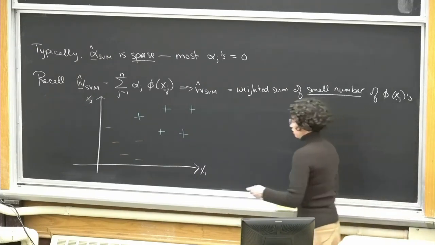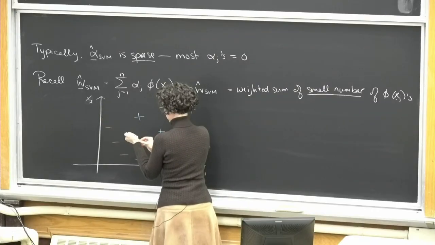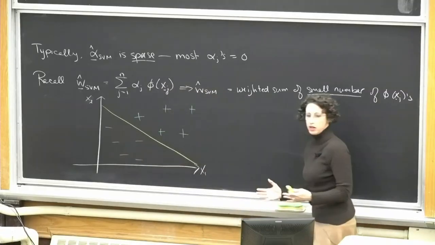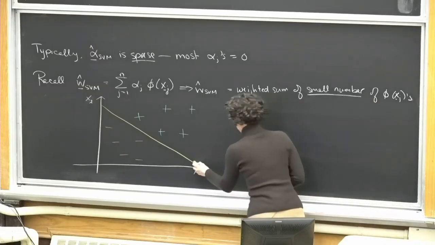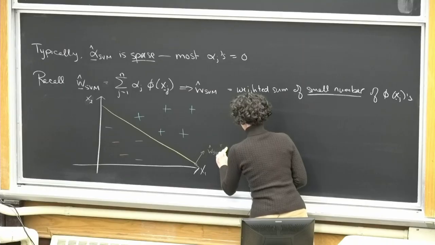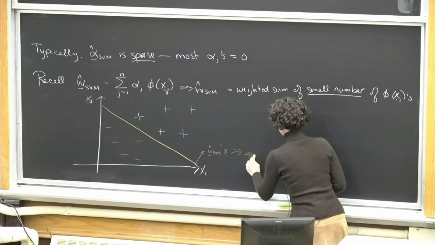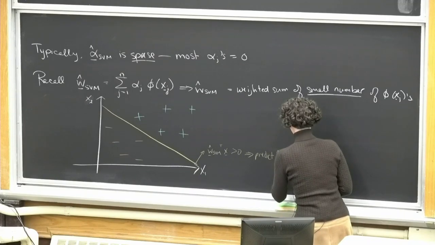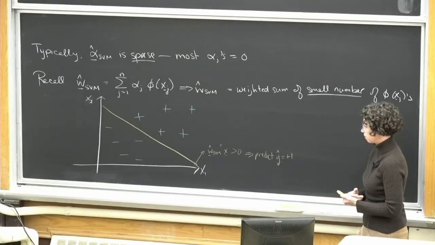And in this space, what I would end up with is a decision boundary that looks like this. It's separating my positive from my negative examples. Just like before, on one side, w hat SVM transpose x is going to be greater than 0, and so we would predict for any point in here that the corresponding label is positive. And then on the other side of the line, everything's negative.